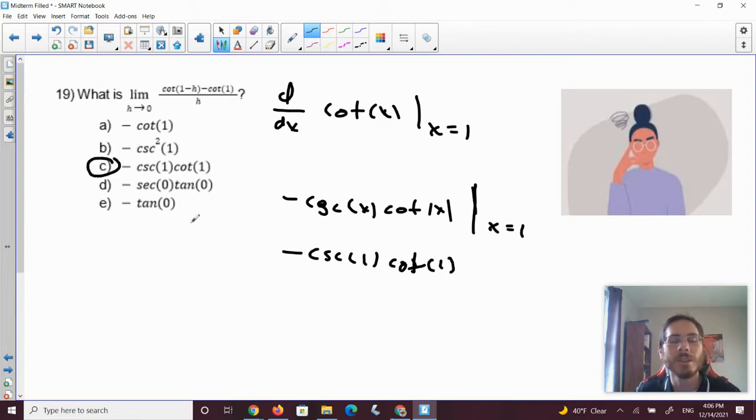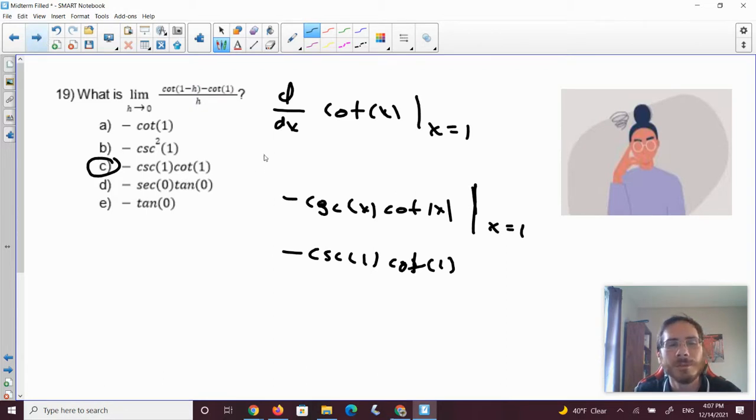And so we're going to end up at C. Again, we just have to remember that when our limits look like this, they are derivatives. This limit is actually a derivative in disguise, and we need to be able to translate between the two different forms of the function.